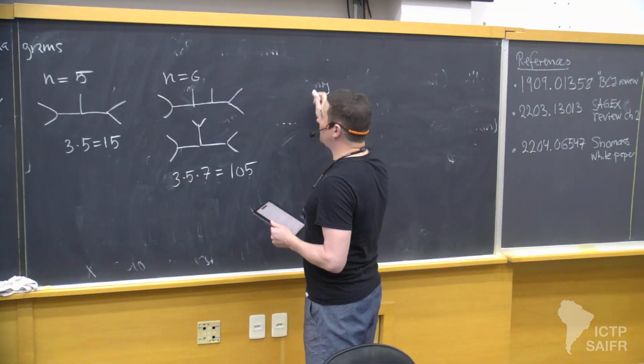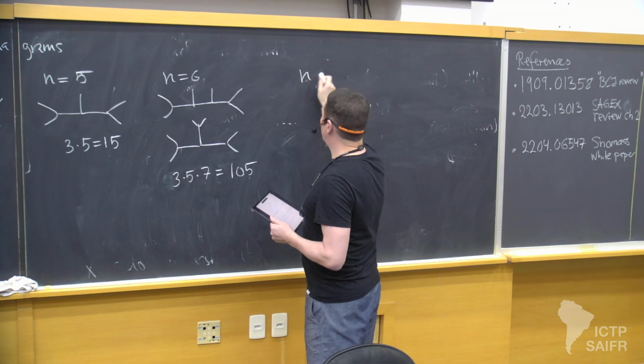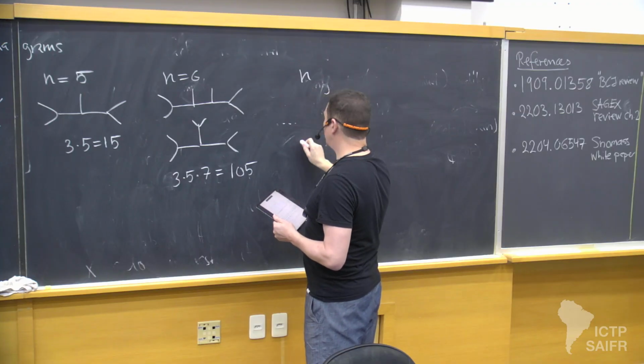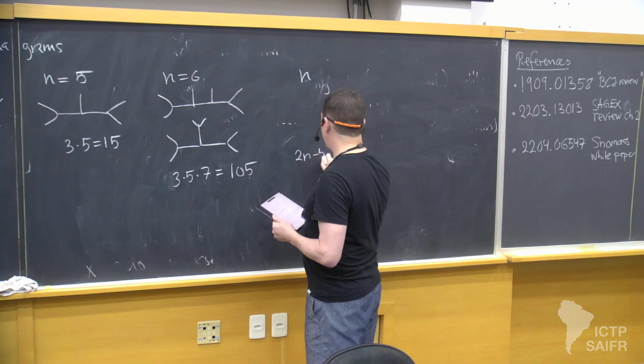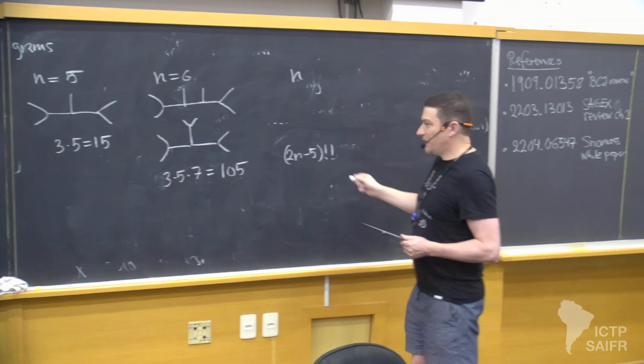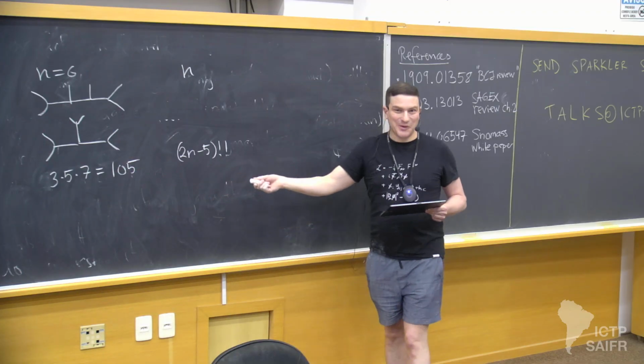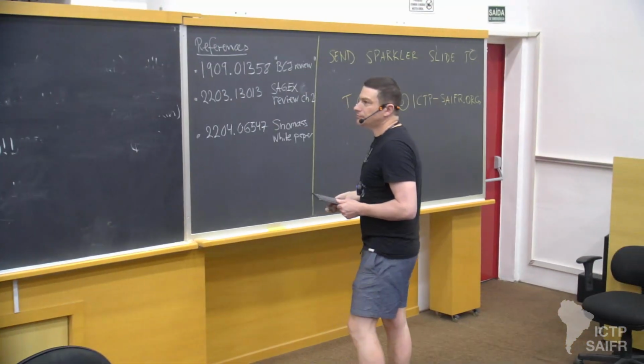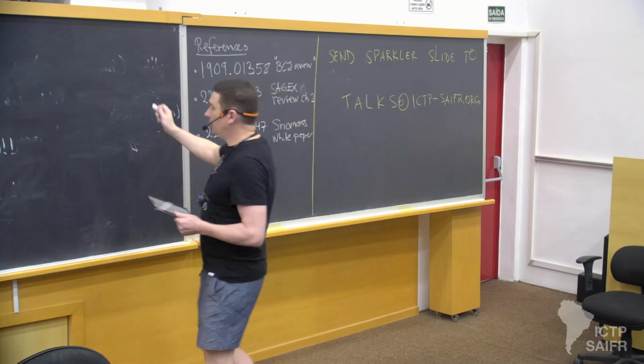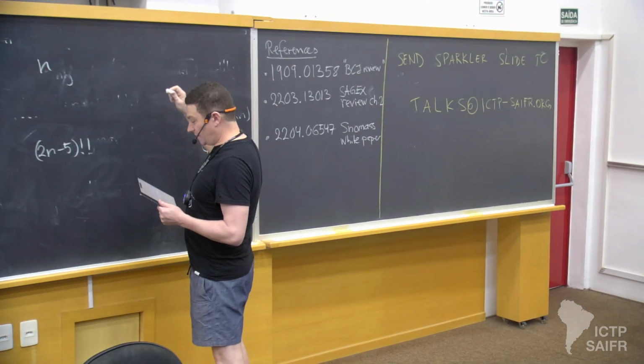And then you can, of course, complete this. And my claim is that if you complete it, you get 2n minus 5 double factorial, which I guess you can see is what the pattern gives. But of course, I just cooked up the pattern from nowhere. But this is actually my first homework done.